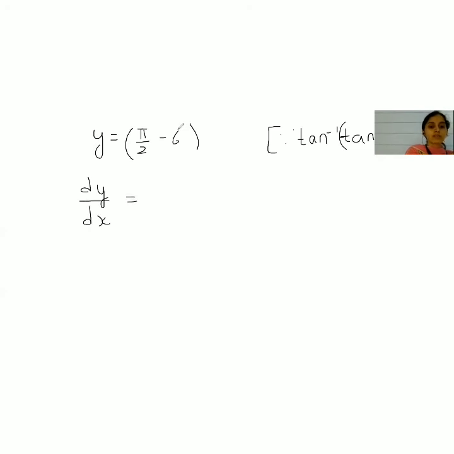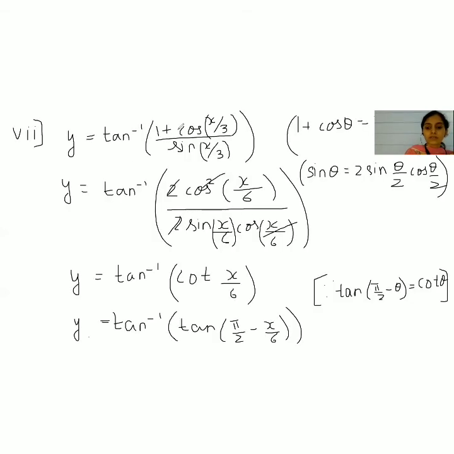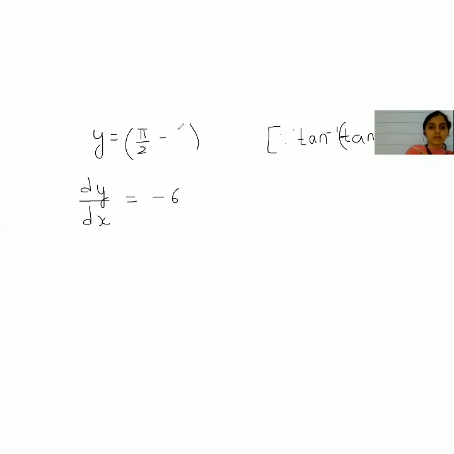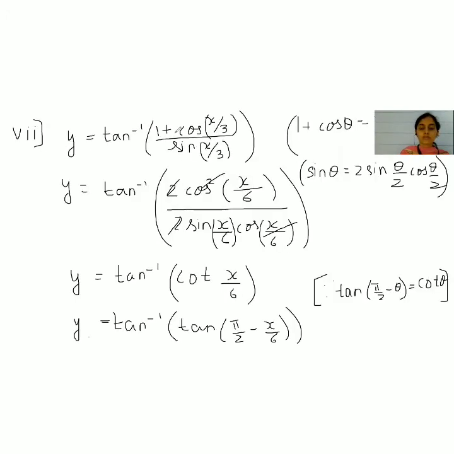So dy by dx is equal to minus 1 by 6, the derivative of x by 6. Okay, so y is equal to pi by 2 minus x by 6, and dy by dx is minus 1 by 6. Okay, so this is question 7, the 7th one. Let's move on to the next one.